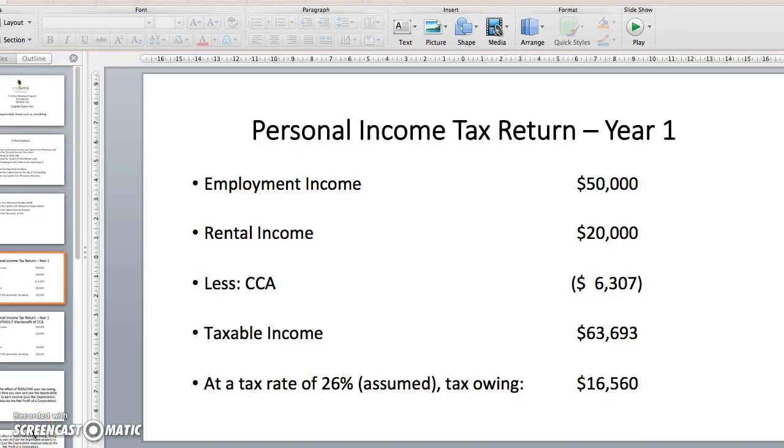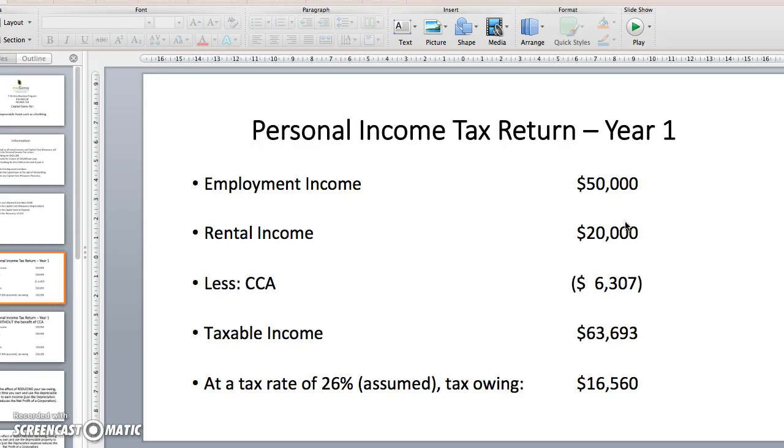For many students, calculating the CCA recovery is quite problematic, but it's actually quite a simple concept once you grasp it. So let's walk through what this individual's income tax return would look like if he had declared his rental income on his personal income tax return, because in this case he's not incorporated.